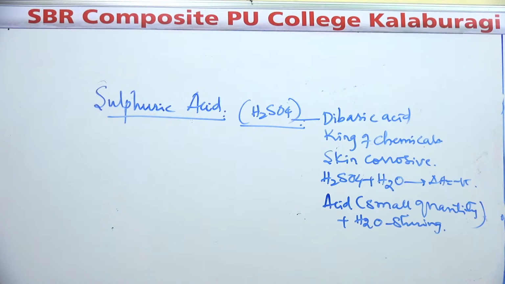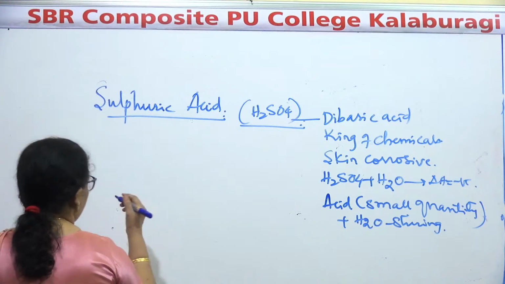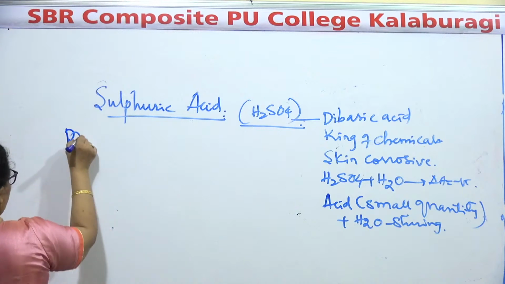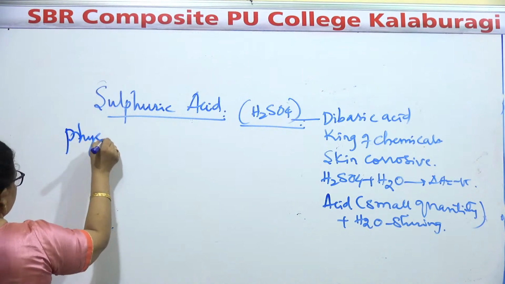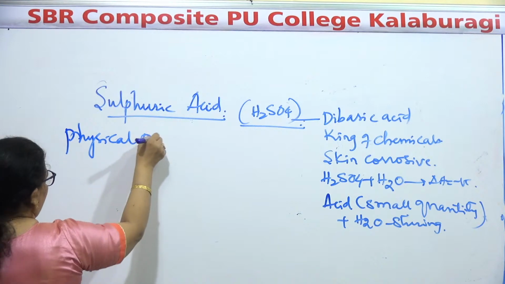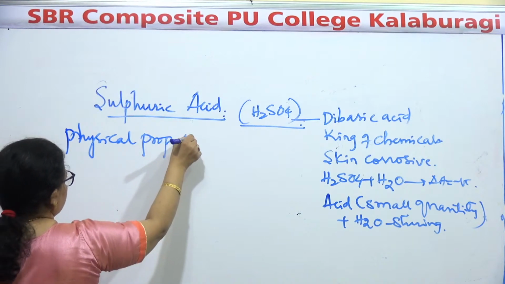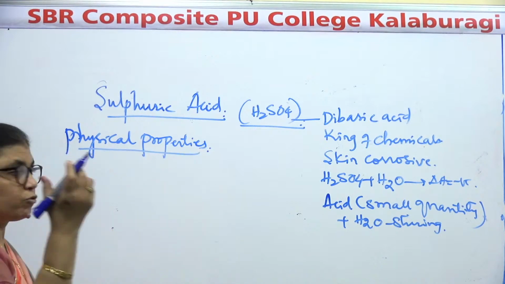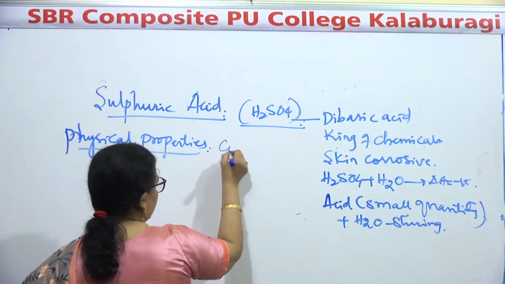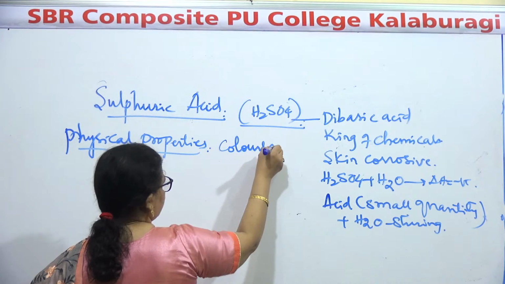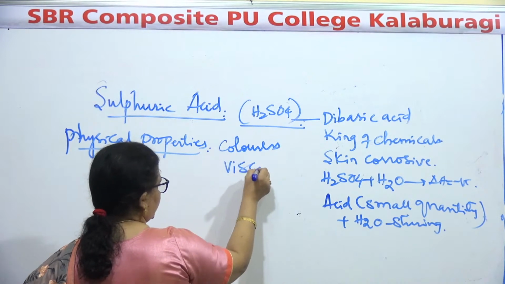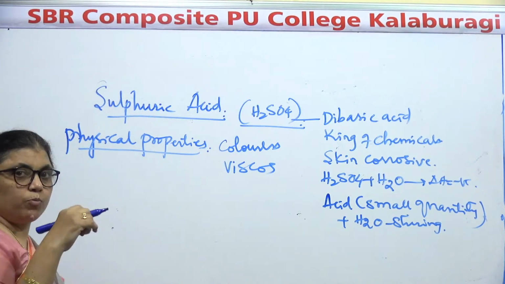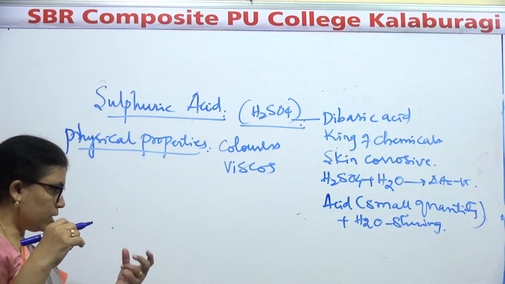Now the question arises, what are the properties? As I said, we are not going to discuss any preparation. Physical properties. As we already know, it is a colorless, viscous liquid. You might have observed in the lab that while putting in the sulfuric acid, the whole test tube will become hot.